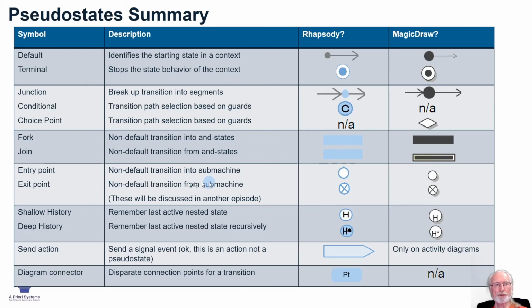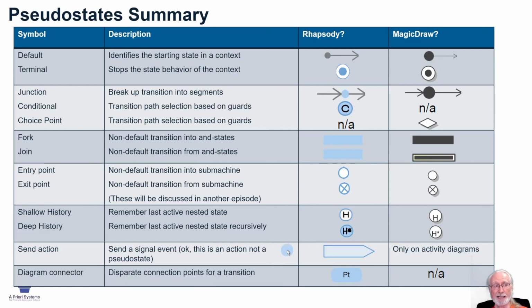Exit and entry points we'll talk about in the next episode, having to do with submachines, so we skipped over that. We talked about shallow and deep history, how shallow history remembers within a composite state what is the last active state and returns there. Shallow history remembers only one level deep, and deep history remembers through all levels of abstraction and nesting.